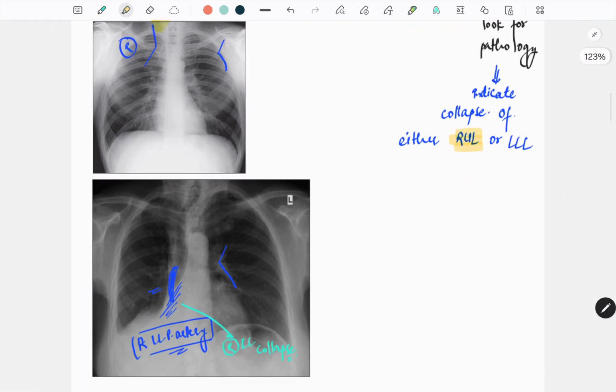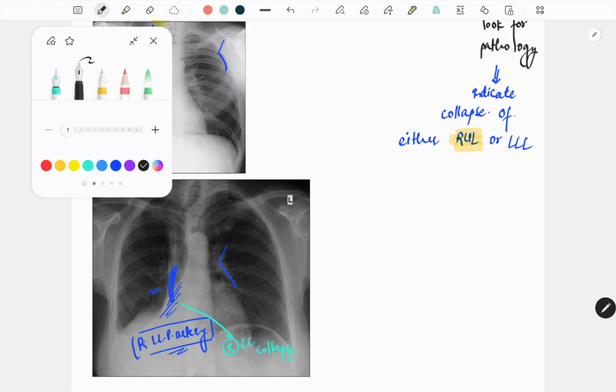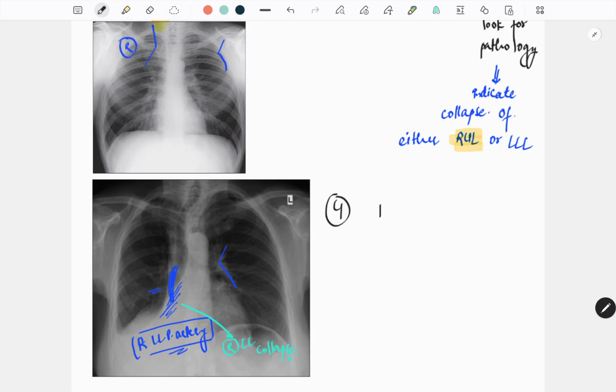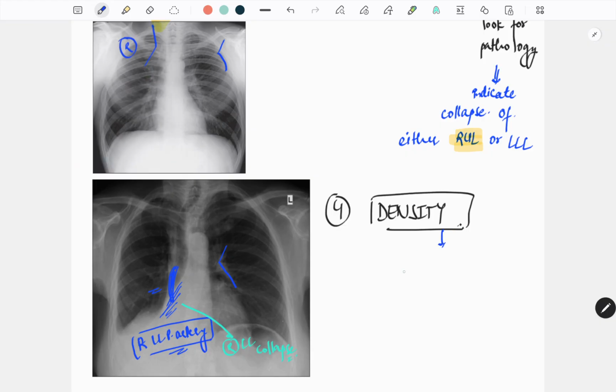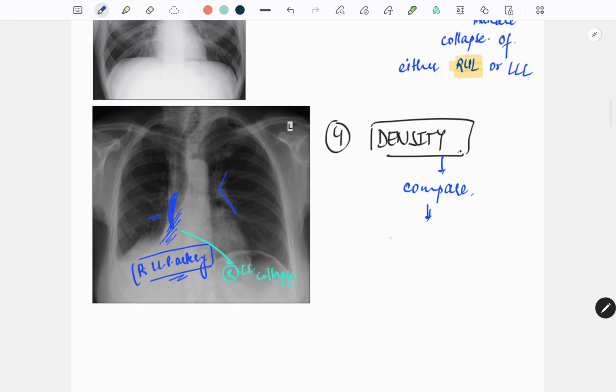These were the points to assess the hilum. And fourth was density. We should always and always compare the density of both hilum. It should be approximately equal on each side.